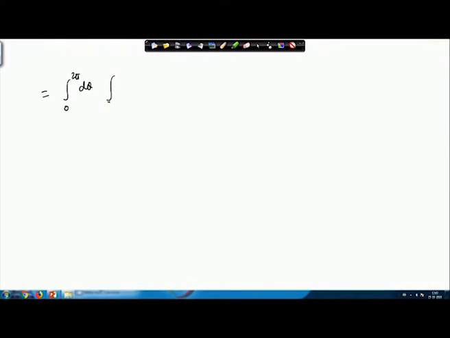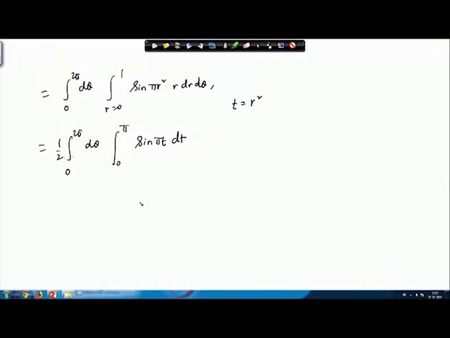So, 0 to 2 pi d theta, and then we have r running from 0 to 1 sin pi r square times r dr. So, let us put t equals r square, then dt equals 2r dr, and then this whole thing can be written as the integral from 0 to 2 pi d theta and half the integral from 0 to 1 sin pi t dt.